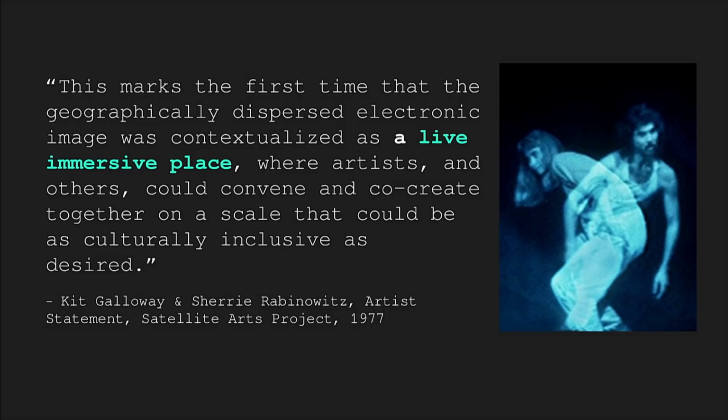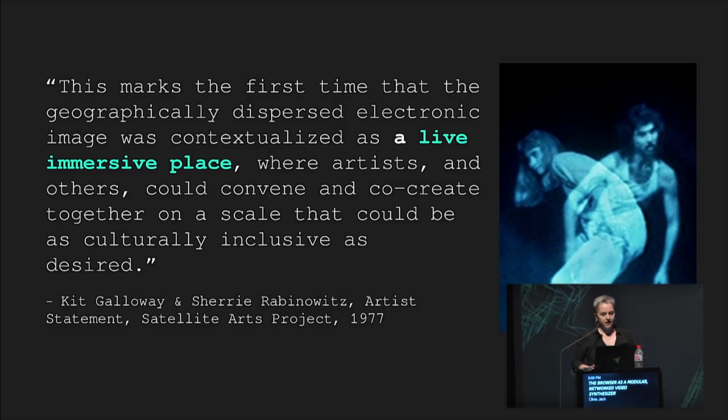And I want to focus on the live immersive place piece of this because all they're doing is sending data between two places, right? And they're talking about how just by putting these two images on top of each other and seeing them live, it's creating this space that's not there and not there. It's some third space that's a combination of these two spaces.